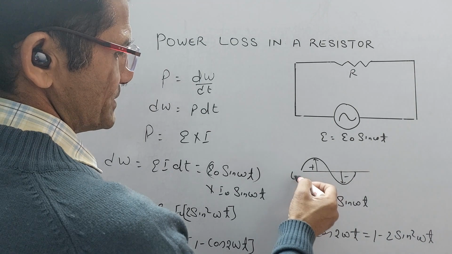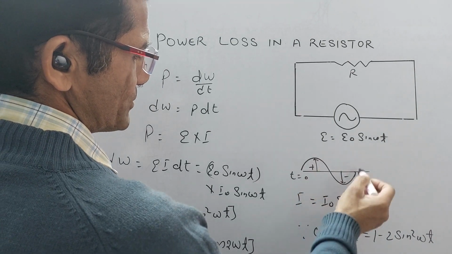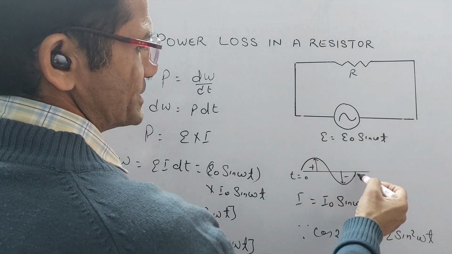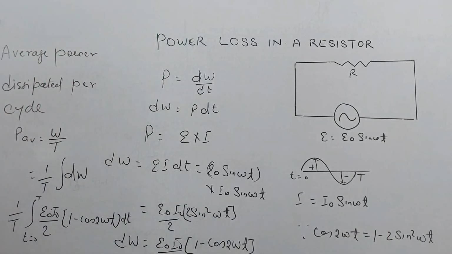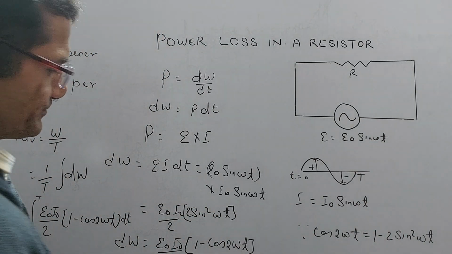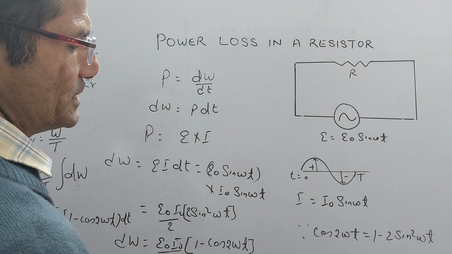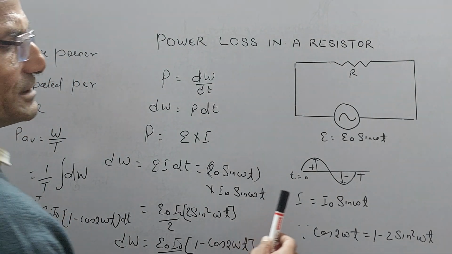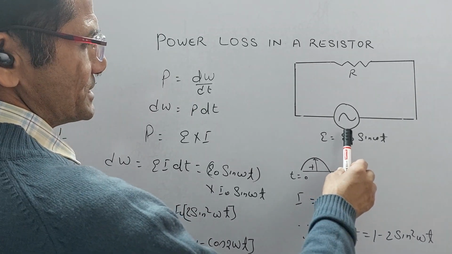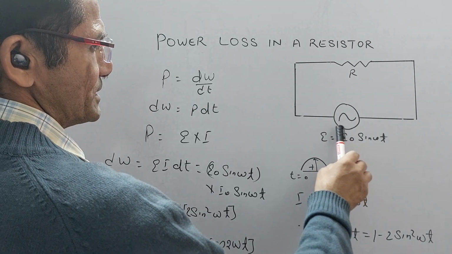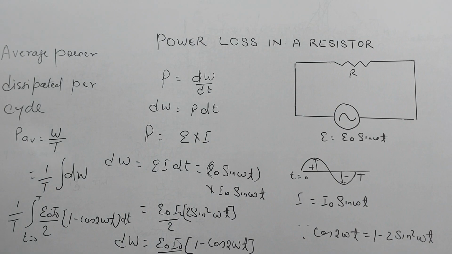If this is t equal to 0, from here to here is one oscillation, and the time taken is one time period. So in one time period, what will be the average power consumed by this alternating voltage?